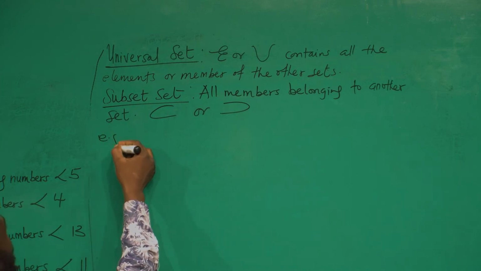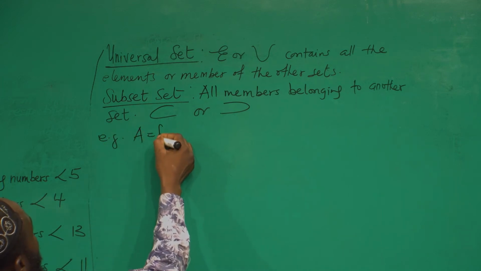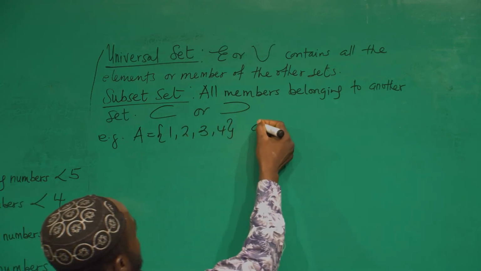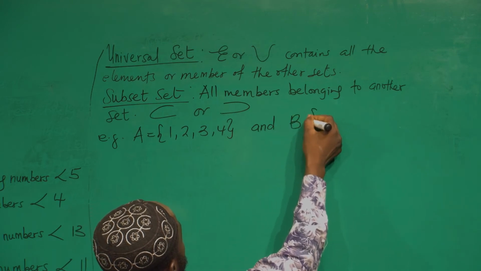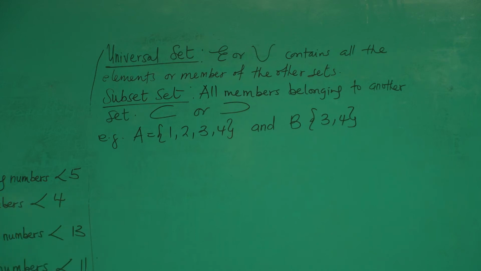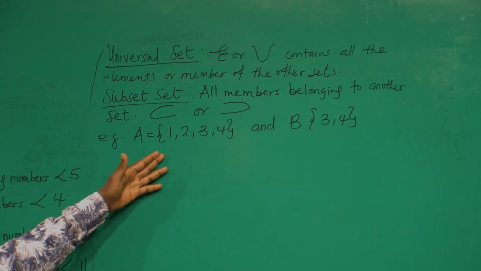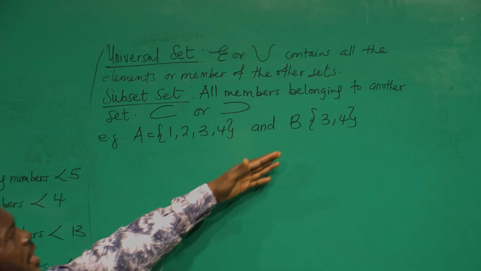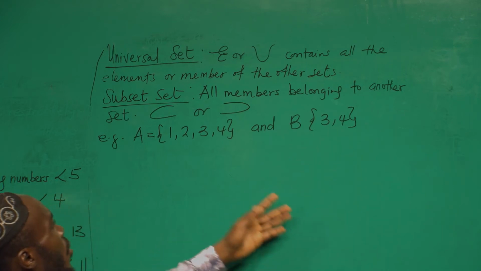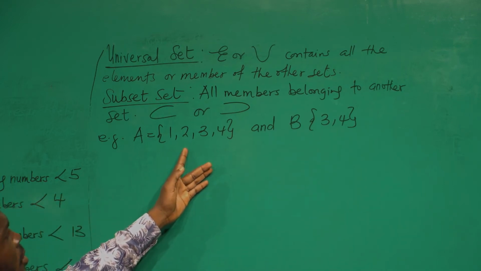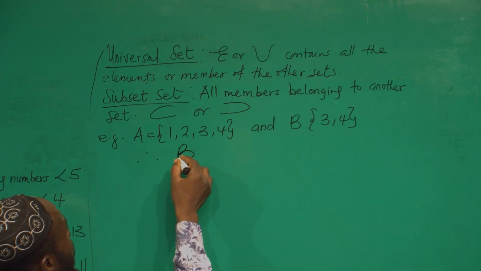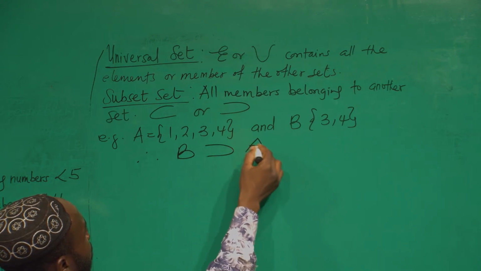An example will be A, 1, 2, 3, 4, and B, 3, 4. So here A will be the universal set and B will be the subset of A, because all the members, which is 3 and 4, can be found in A. So therefore, we will say B is a subset of A.